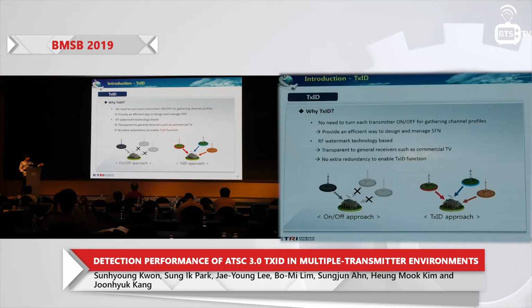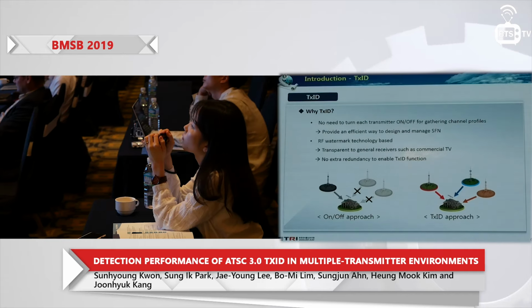So I would say it is an on-off approach. But it is impossible to use such a method during regular broadcasting time. So you have to use that method during the night.